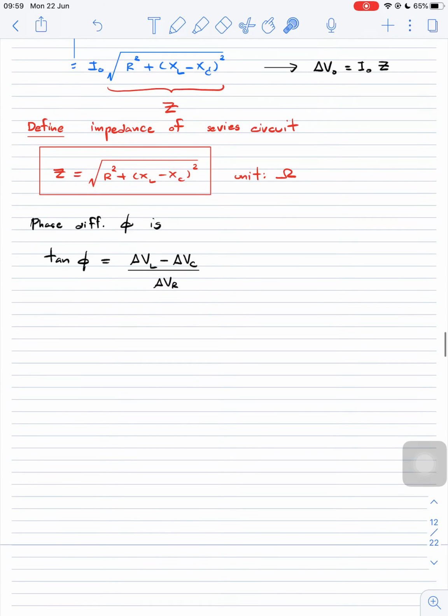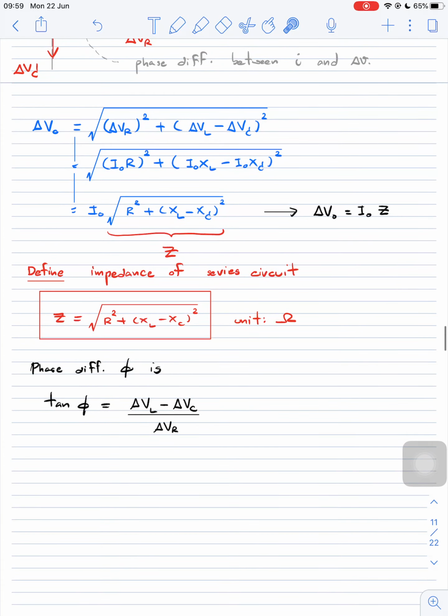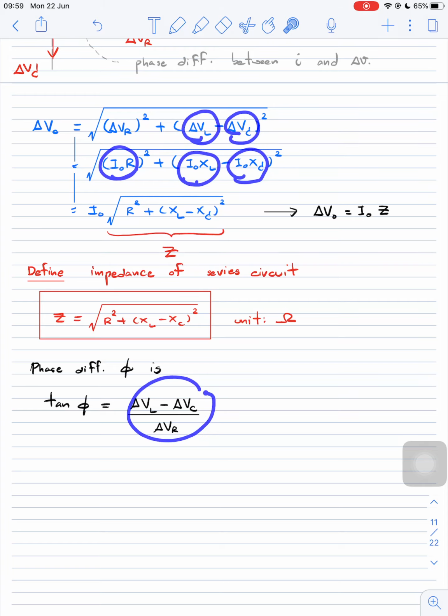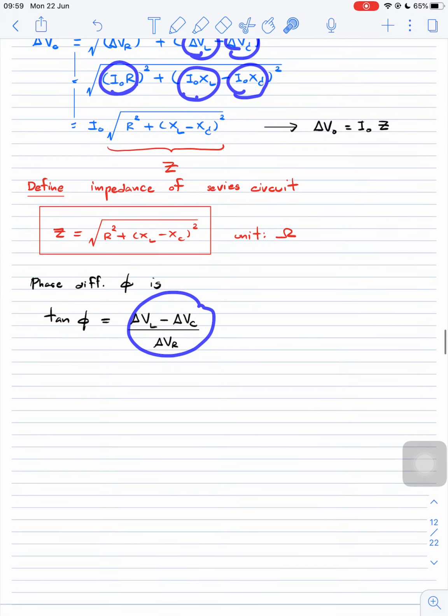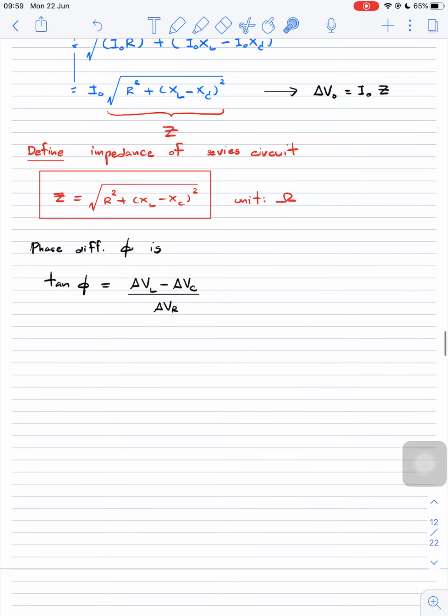So if we plug in delta VR equal to I naught times R, delta VL equal to I naught times XL, and delta VC equal to I naught times XC into this equation, you can see that the I naught just cancels out.